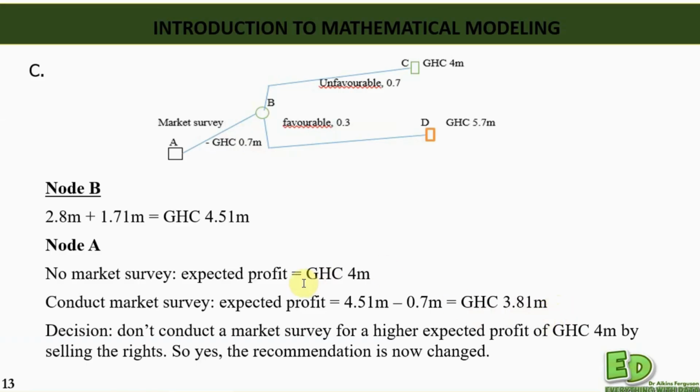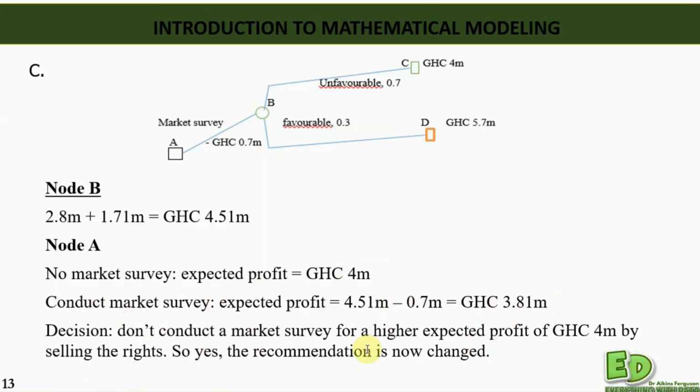Comparing this, when there is no market survey the profit is 4 million, and when you conduct a market survey the profit is now 3.8 million. So the decision is that we do not conduct a market survey, and we get a higher profit of 4 million by selling the rights.